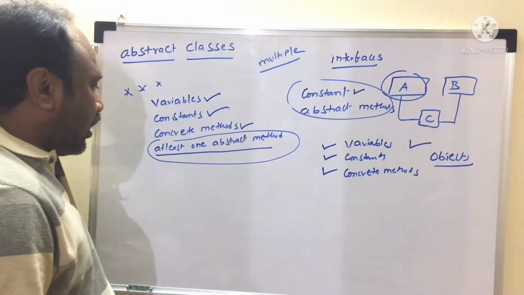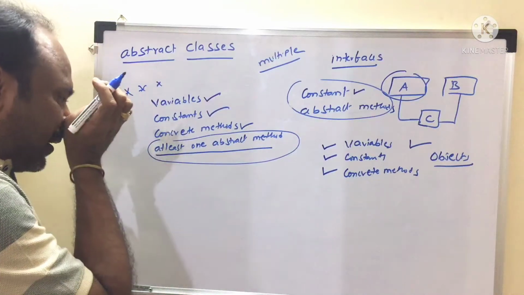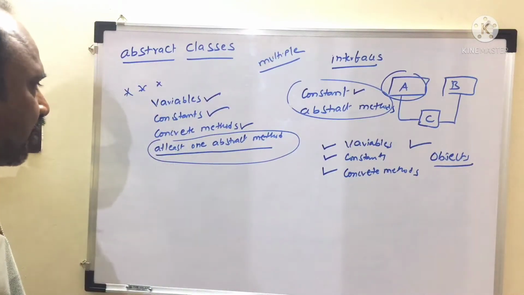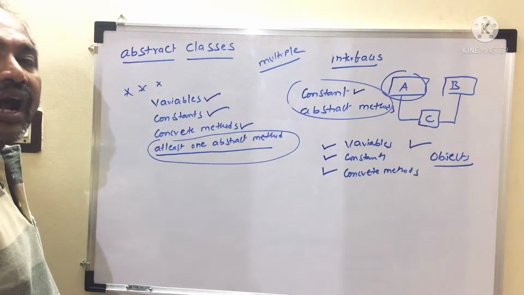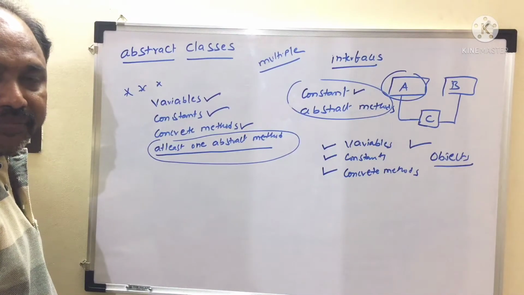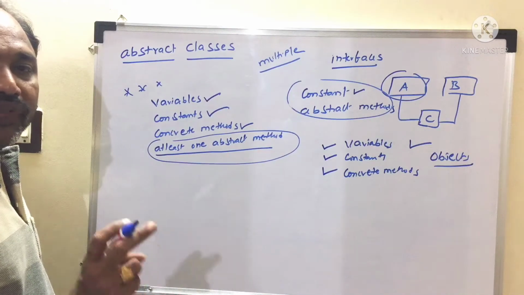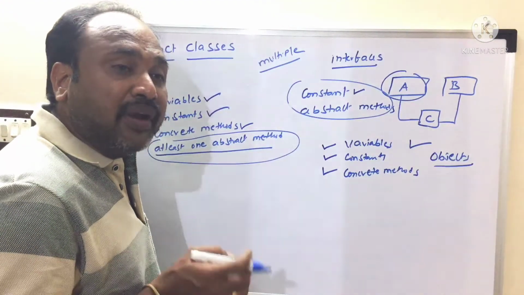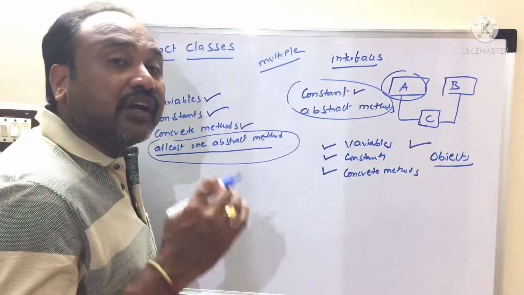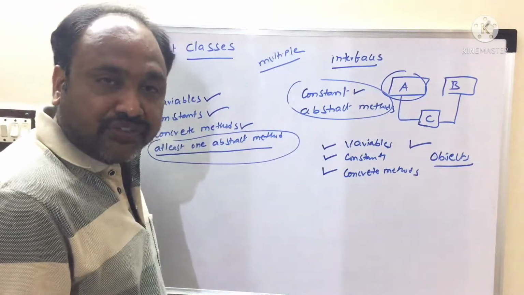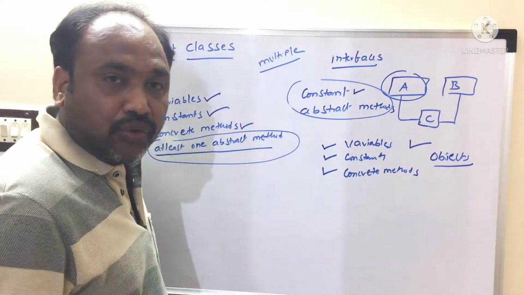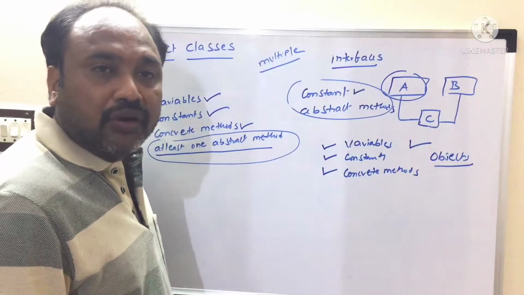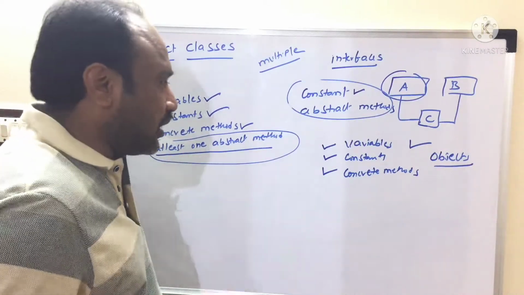Listen, when more than one object has to share common properties, but the implementation of those resources is different in different objects, in that case we are going to use abstract classes.